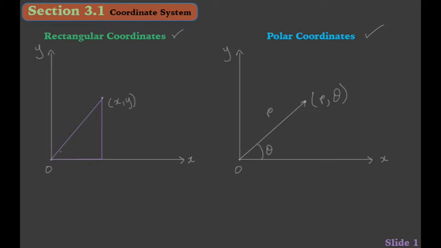Now this triangle has this angle theta, and if we take sine theta, we get opposite, which is y, over r. And if we take cos theta, we get x over r.